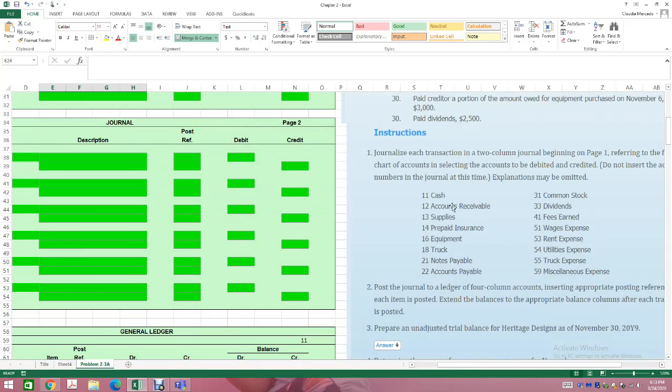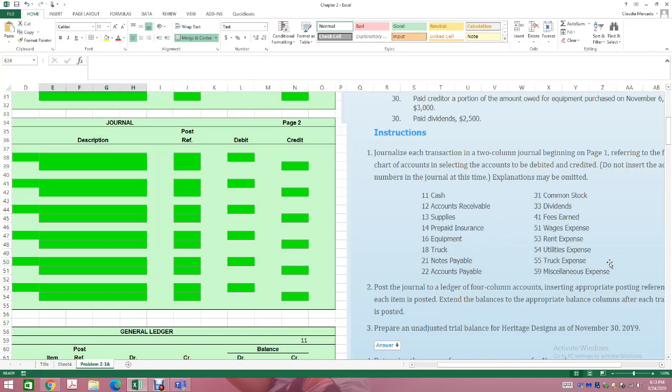So let's look at our accounts and let's see which ones talk about insurance. Okay. So we have prepaid insurance. That's when you paid for insurance in advance, which is what we did. We paid insurance for the future year. And that's about the only thing that we have in insurance. So that's what we're going to use. Now in real life, you're going to have two accounts. You're going to have prepaid insurance and you're going to have insurance expense.